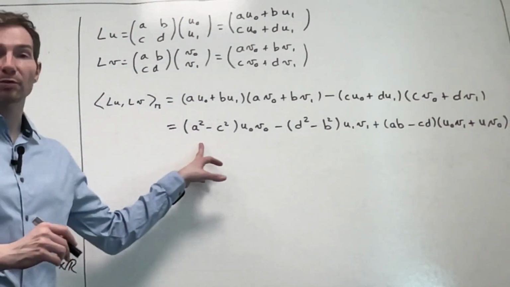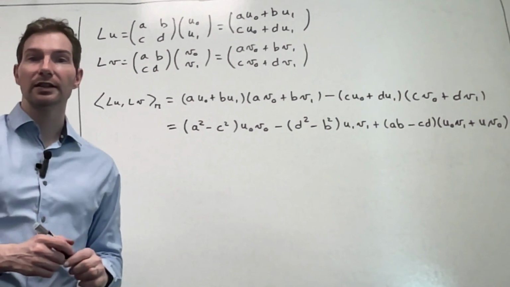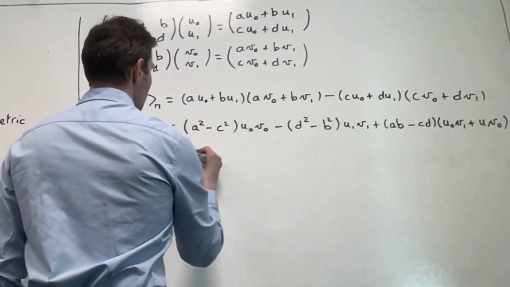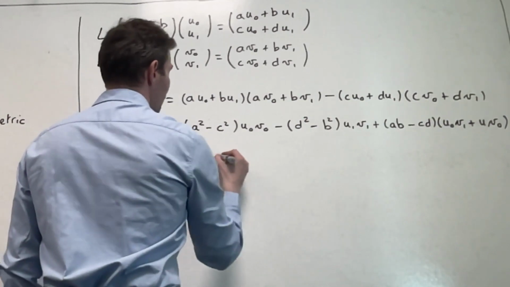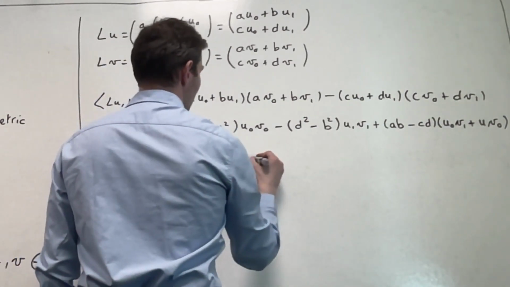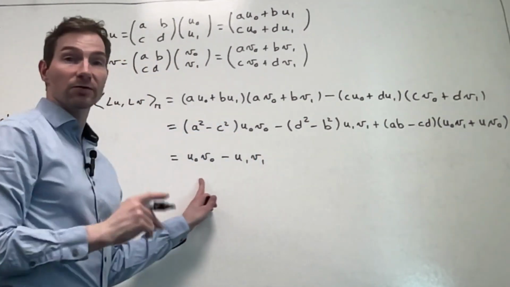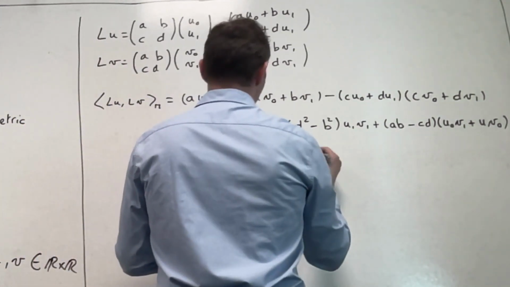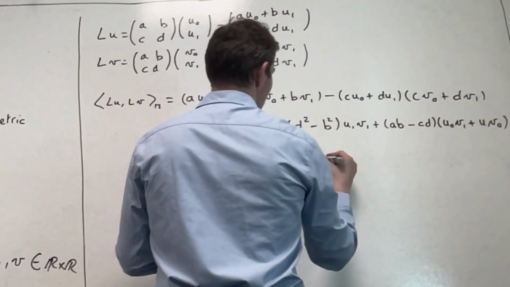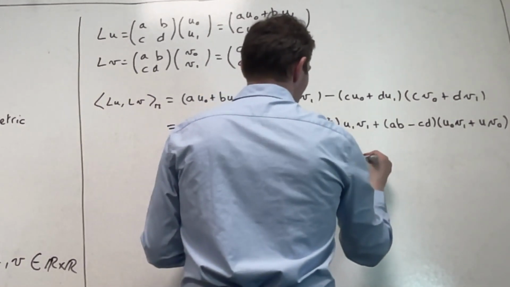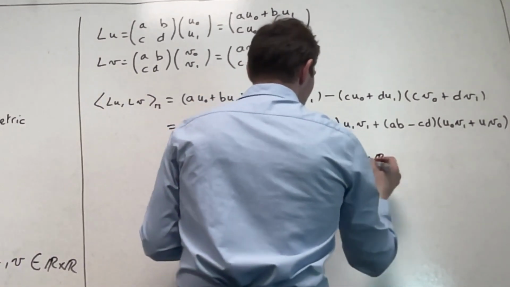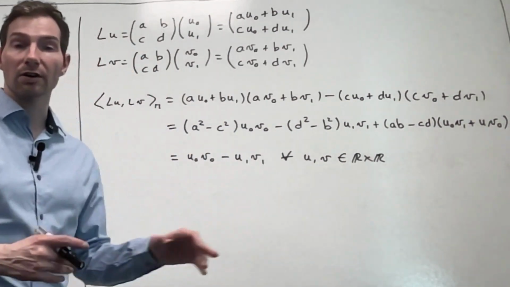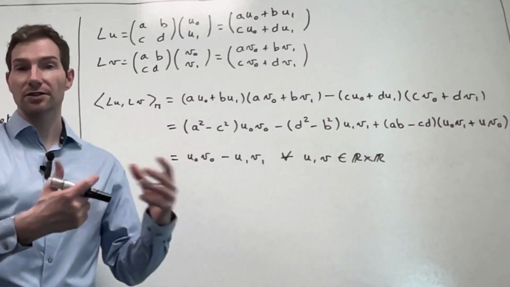And the reason why it is important to factorize it that way is because this needs to be equal to U naught V naught minus U1 V1. And essentially, that's really the crucial part, for any values of U and V in R cross R. And so what that means is that these things here play a role of, if you will, basis vectors.